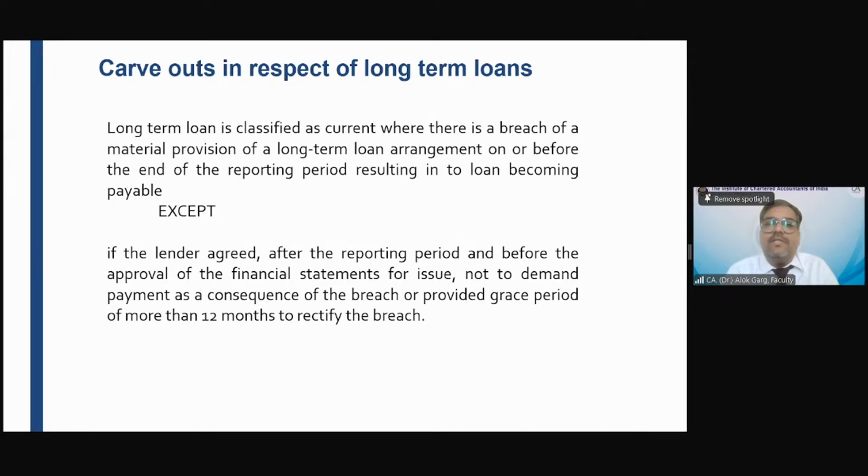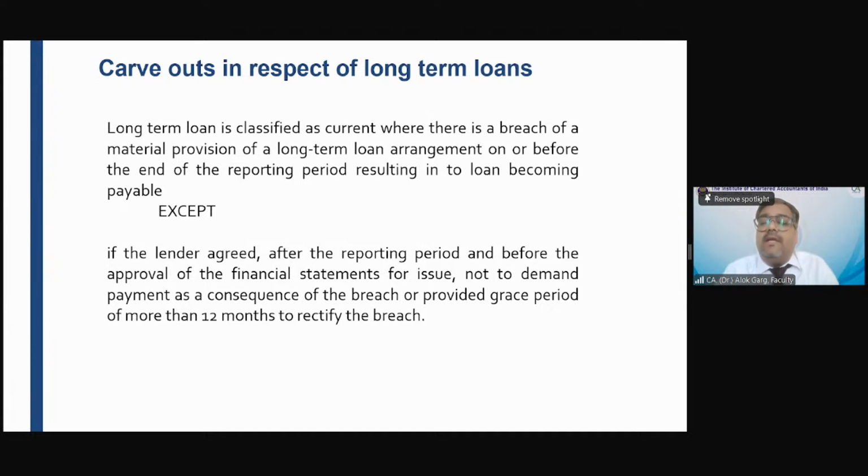So what is the nature of this loan now on 31st March 2025? Current liability. Because initially it was long term, non-current, but on 31st March 2025 there was some breach and this loan became repayable on demand, and hence it will be classified as current liability.